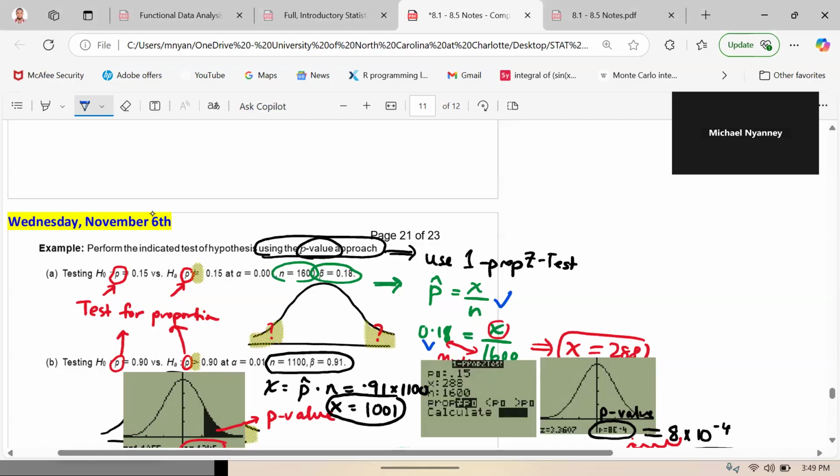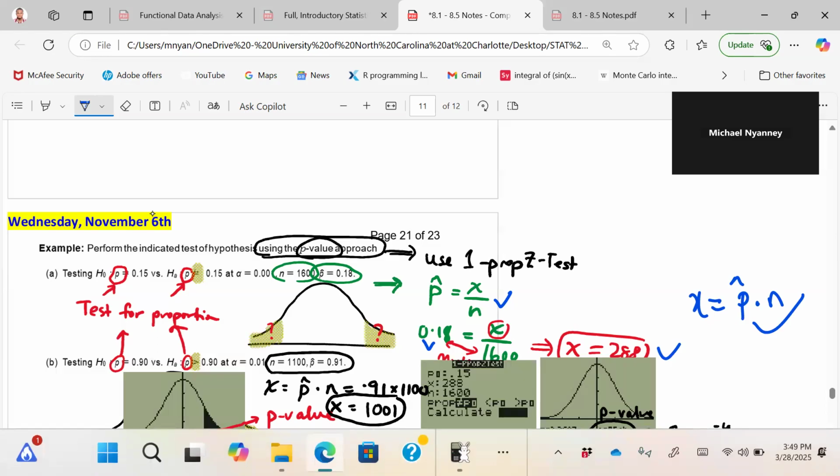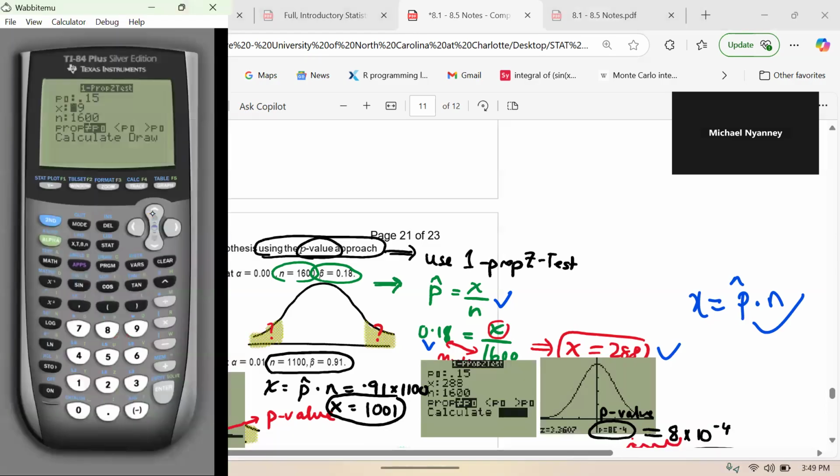So by substitution, we multiply 1,600 by p hat, then we get our x. If you want to get your x, it is always p hat times n. This gives you back your x. So we did that and we had the x to be 288.